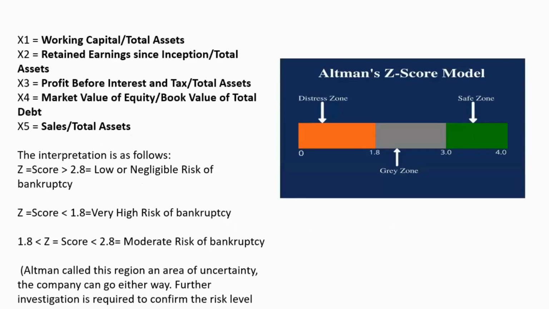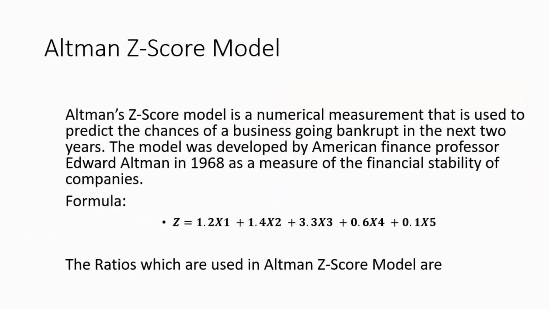where X1 is working capital by total assets, then retained earnings by total assets, profit before interest and tax by total assets, market value of equity by book value of total debt, and sales by total assets. We take these values and compute them. After computing them, we apply them to this formula.